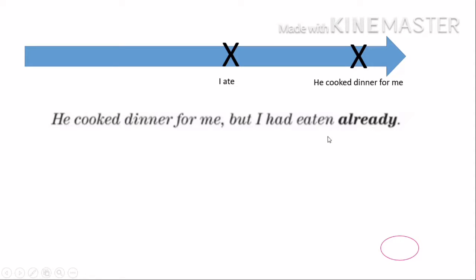We're going to use already with affirmative sentences, something that already happened. And as I could see here, I have another connector, but. So I could use when, I could use because, and I could use but.